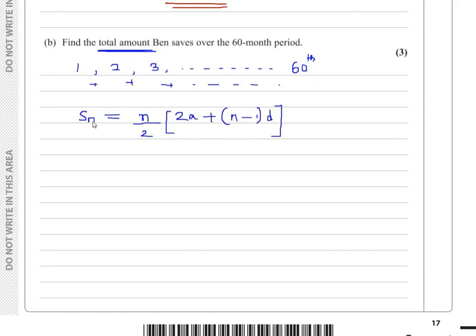So here we have to find the sum till the 16th month. So we write it down. Sum of all 16 months is equal to, since n is taken as 16 here, we replace the n with 16. It becomes 16 over 2 times. A is the first term in the series or the sequence.